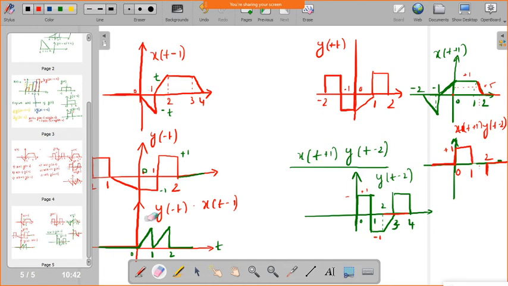You can see at t equal to plus 1, the signal x of t plus 1 is plus 1, and y of t minus 2 is minus 1. Minus 1 into plus 1, so actually it will go to minus 1. So at the value of 1, it is minus 1. Now from this value 1 to 2, we have to calculate.